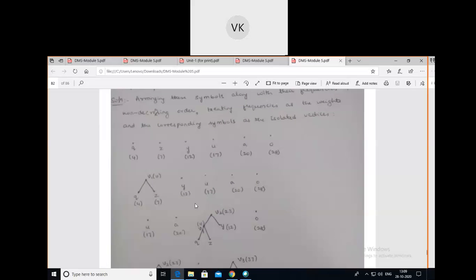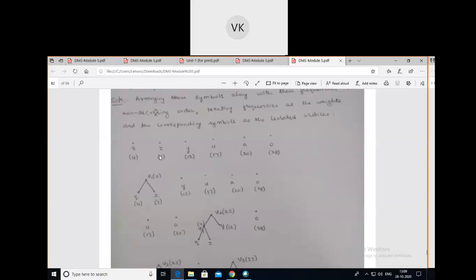The next one is what here? Compare, and merge two nodes together, which are having the least weights among all these weights.